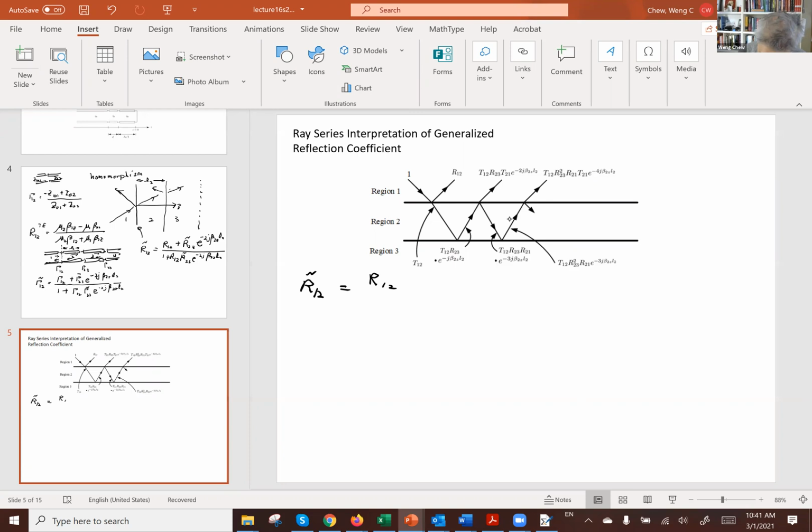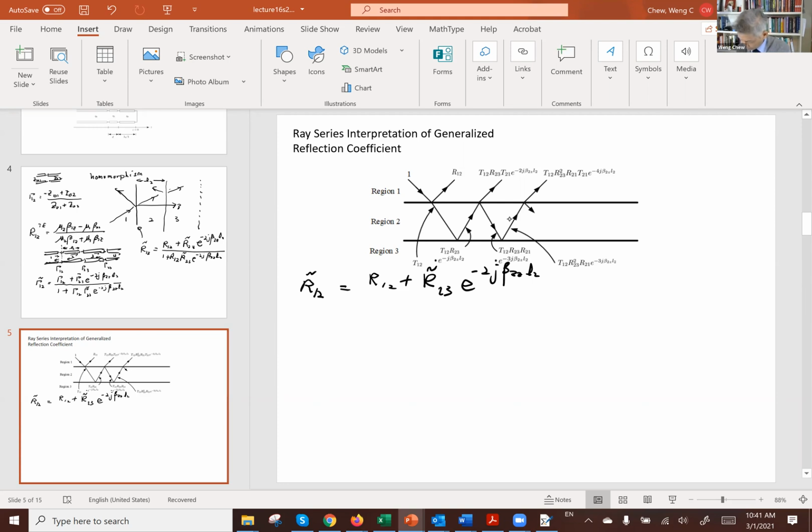R12 plus R23 tilde, sorry, this is R23 tilde, e to the minus 2j beta 2z L2. And then we will have to add and subtract a term in the numerator.